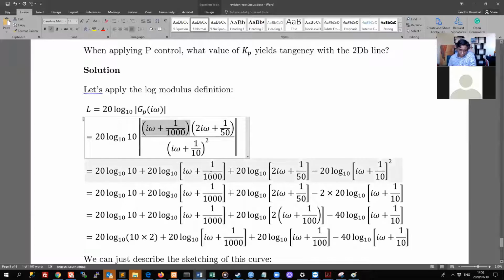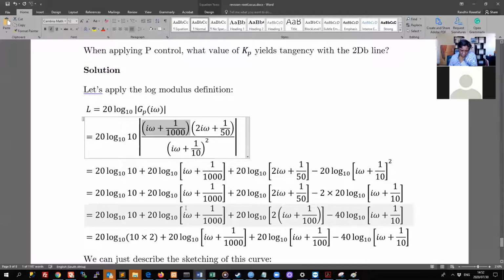So there's that factor, and then of course the next factor. For the denominator, we can read that as raised to the power of minus 1, times that squared, so with the minus in front here, we've got that term. Then here I move that 2 out in front, so it looks like that.